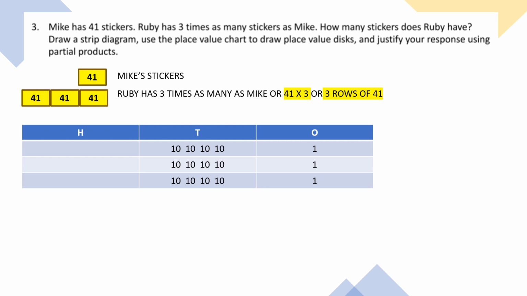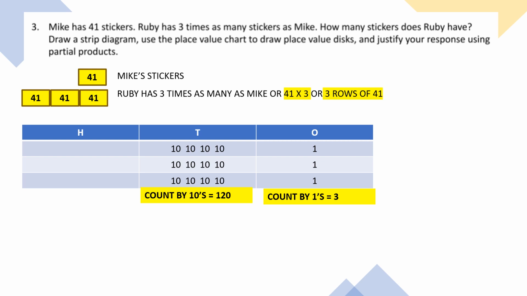And if you want, you can set yours up and solve it like this also. Now, what you could do is first count all of the tens in the tens place. If you do that, you would end up with 120. So the tens place is worth 120. Then you can count the ones in the ones place, and you would end up with 3.